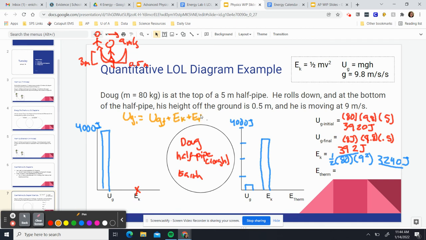You've seen this before. So that means if I want to find just E therm, I could subtract these two away from my original energy, and I should have my values.